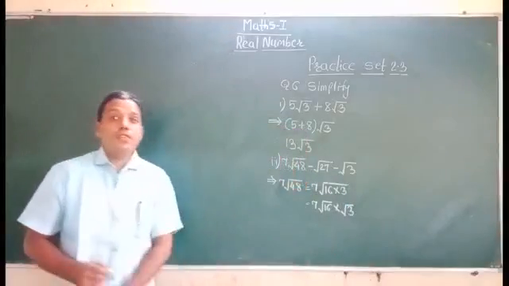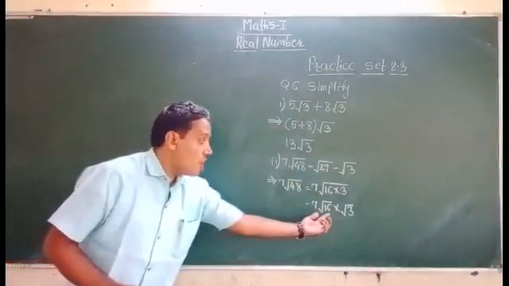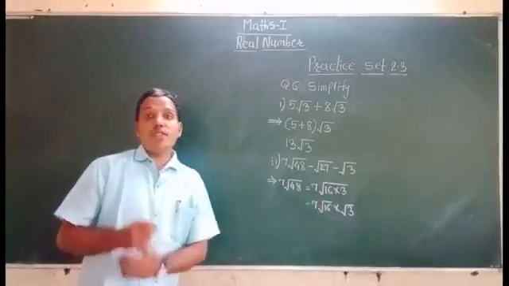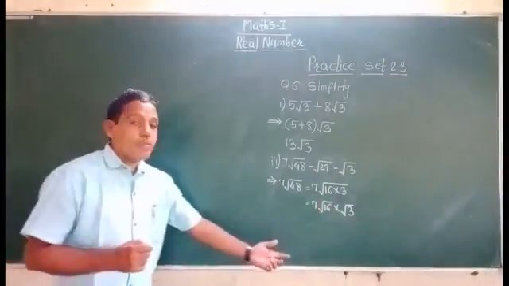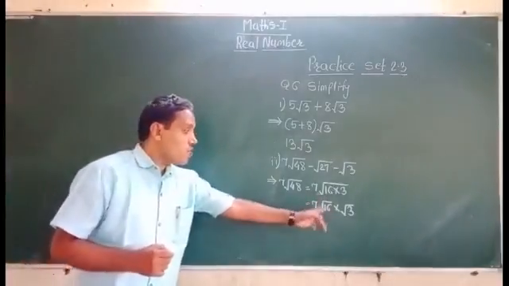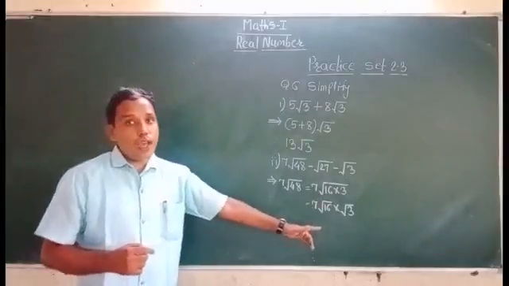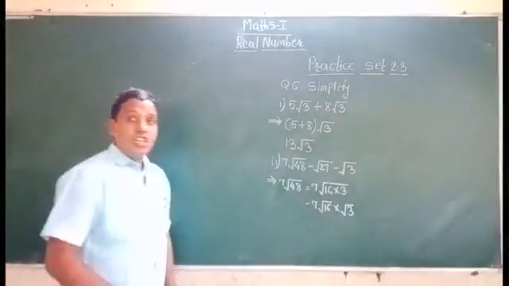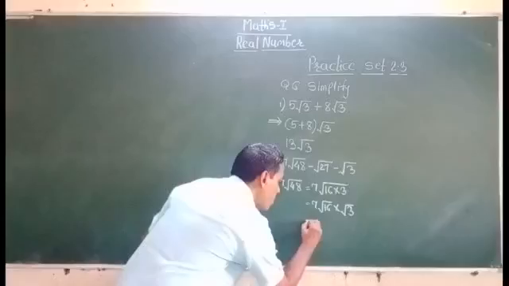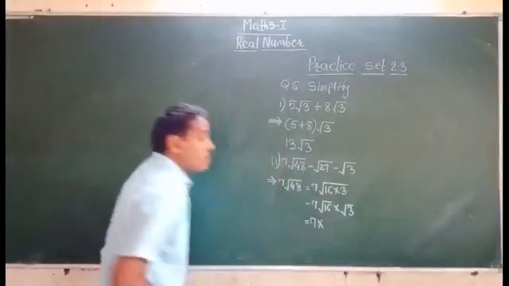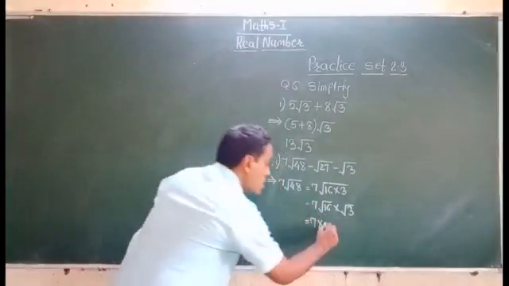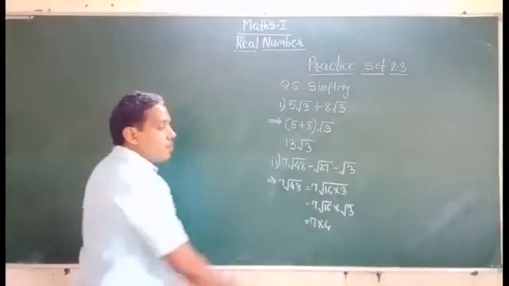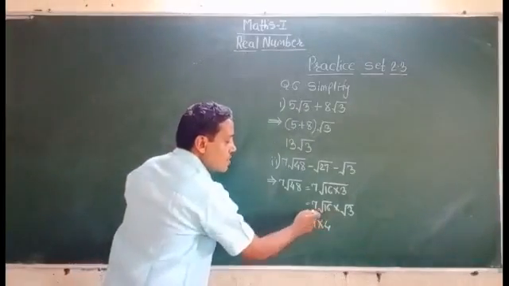The 16 is not a surd, because when we find the square root of 16, the radicand is a perfect square. So the square root of 16 is 4, and we multiply by 7 because the multiplication takes place between them.